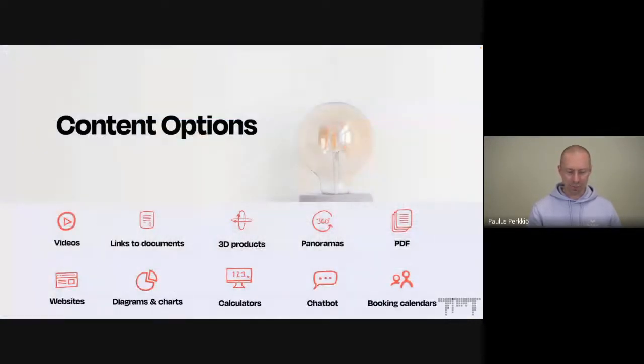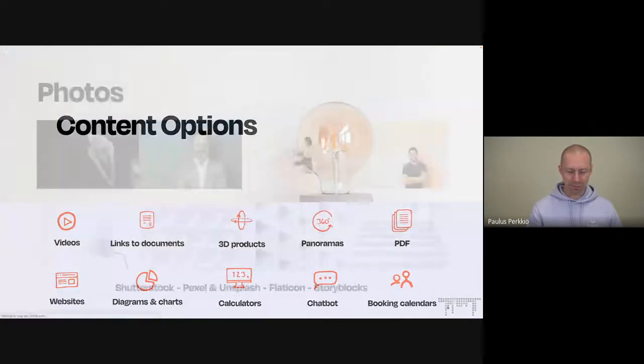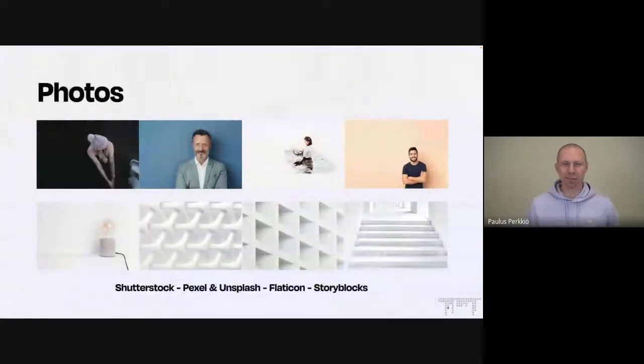They are not from Pexels, but we have designed them ourselves. But icons are very easy to find from Flaticon. And Storyblocks is an easy place to get some short videos which you can use in presentations, for example.